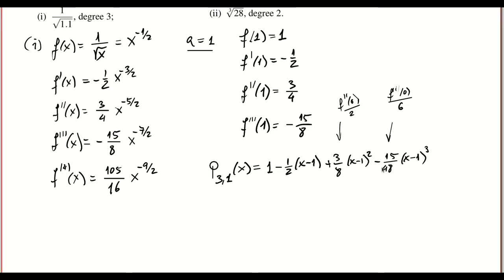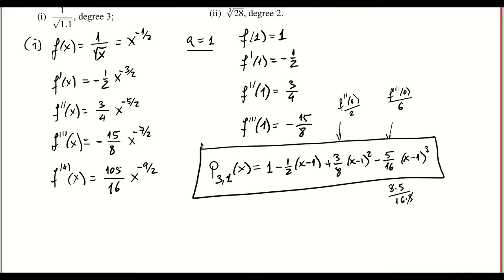Okay, and we can simplify, because 15 is 3 times 5, and 48 is 16 times 3. So the 3 goes away. So this is actually 5 divided by 16, so minus 5 divided by 16. Okay, so this is the final form of the polynomial that we're going to use to evaluate this number.